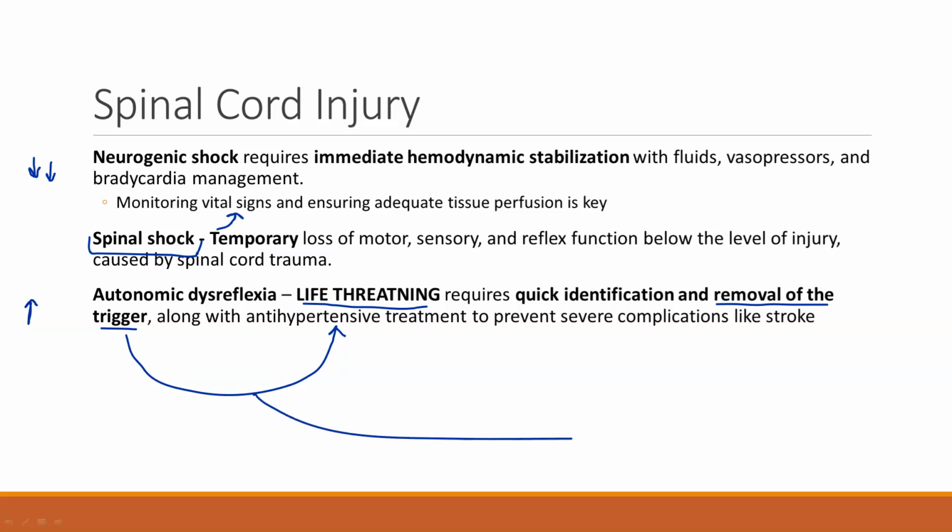If we don't, we're going to have severe complications like stroke. So with autonomic dysreflexia, we see changes in blood pressure and heart rate, just like you would for shock, but it's more about an elevated blood pressure, whereas neurogenic shock is a true, I am not perfusing shock.